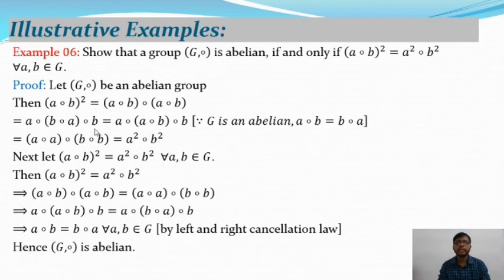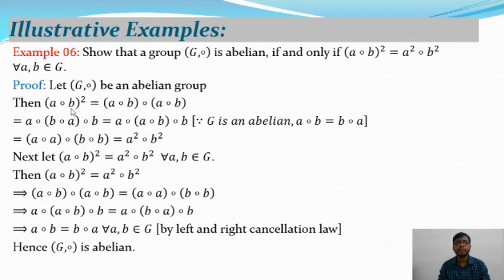And now applying the associative property of the group, we will see that A ∘ B ∘ A ∘ B is equal to A ∘ (B ∘ A) ∘ B. So G is an abelian group, so A ∘ B = B ∘ A. Okay, so we will take B ∘ A equal to A ∘ B, and from this we will get A ∘ A ∘ B ∘ B. So we can apply the associative property, and from this we will get A² ∘ B².